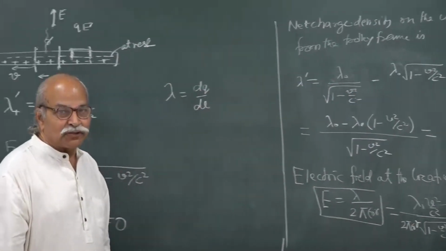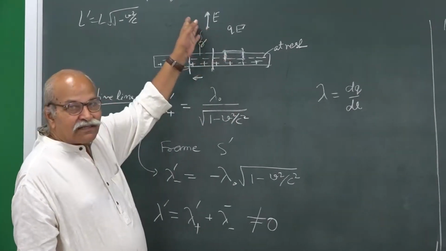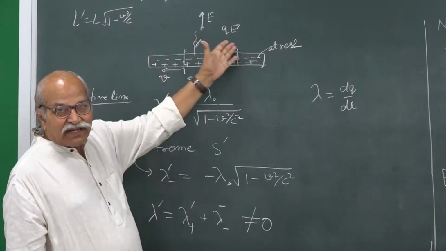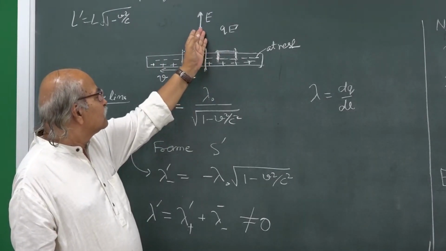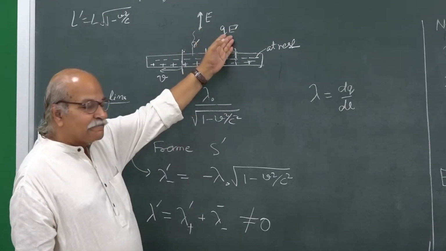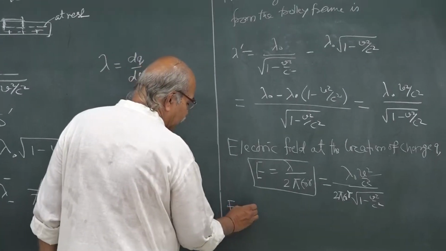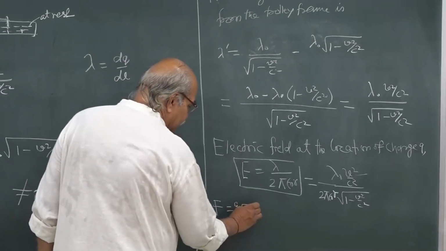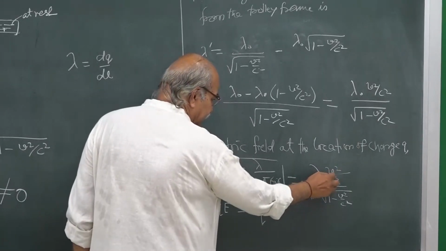And how much is the force in this trolley frame? The charge is at rest, you have a positive charge density which is creating an electric field. So, the force is q times E, and that will be equal to q here, and let us bring one v here.